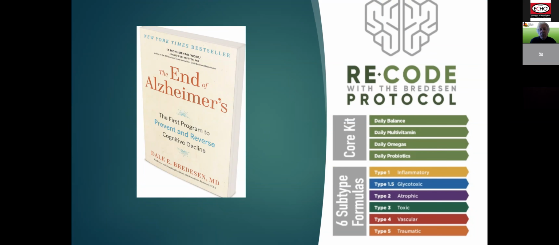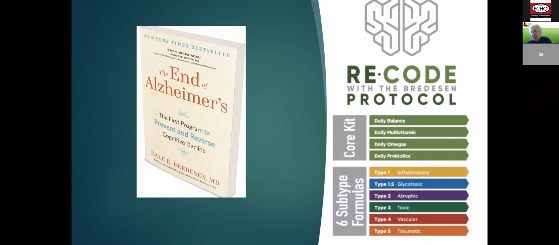Yeah, so I alluded to this book here. This is Dr. Bredesen, and you can see that he's got this so-called RECODE protocol, reversing cognitive decline, and you can see in the lower right-hand column the different types of Alzheimer's that he talks about.